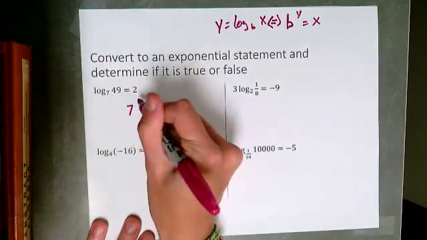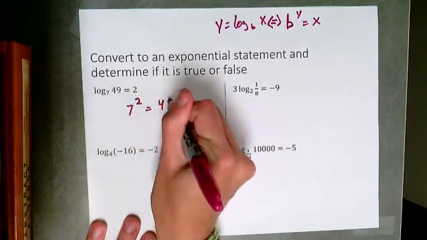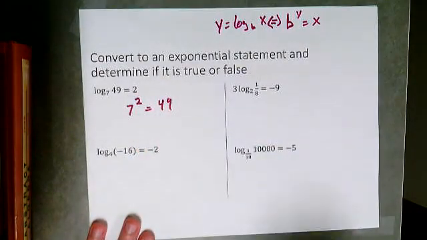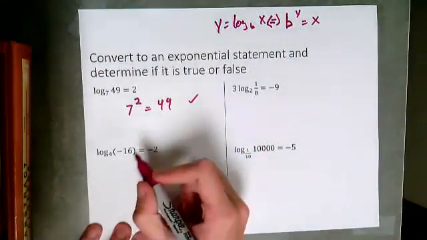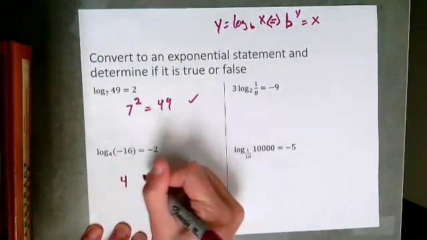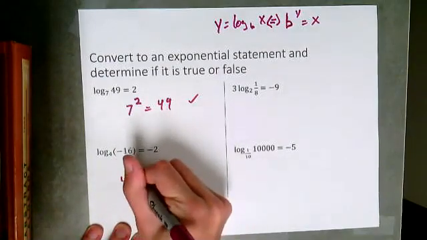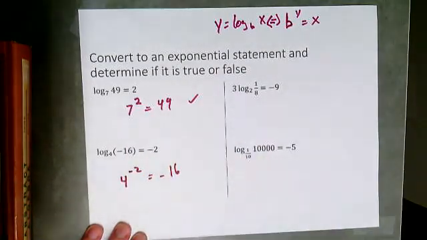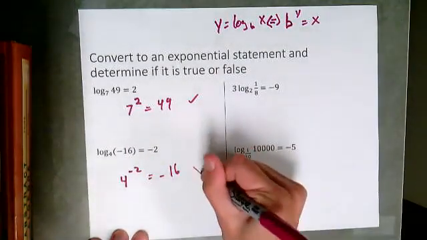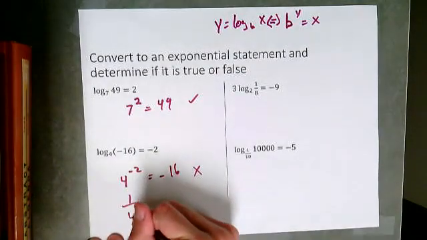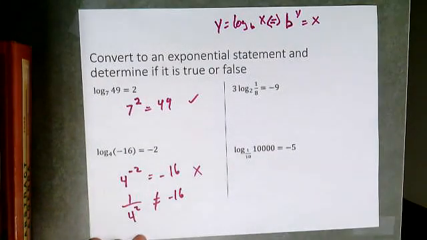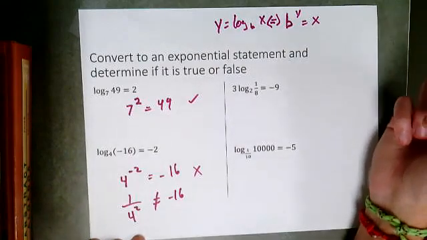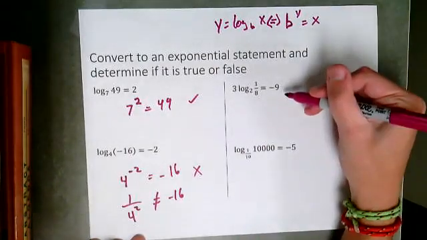So that's 7 to the 2 is equal to 49. Well, that's reasonable. That checks out. 7 times 7 is 49. That's good. Let's look at this guy. Log base 4, so that's 4 to the negative 2 is equal to negative 16. Well, that's nonsense. This is 1 over 4 squared, and that definitely does not equal 16, or negative 16, either way. So this one does not work, or that's just not true. Let's move on to this one.